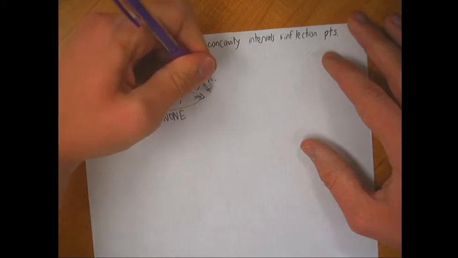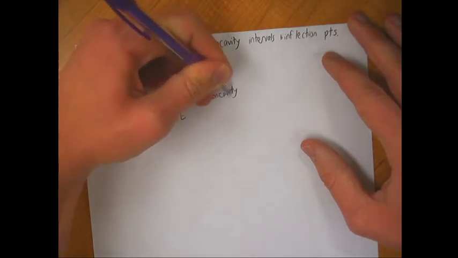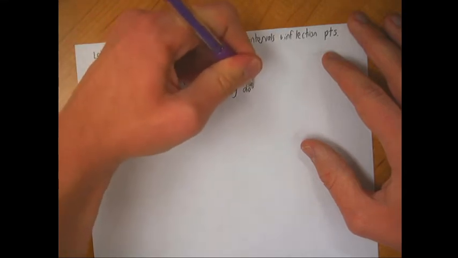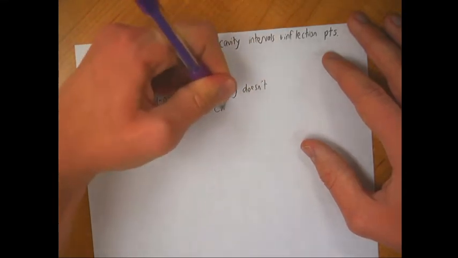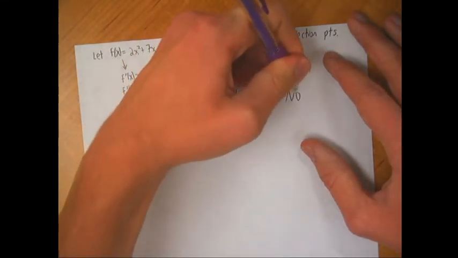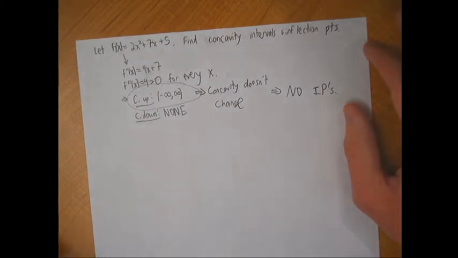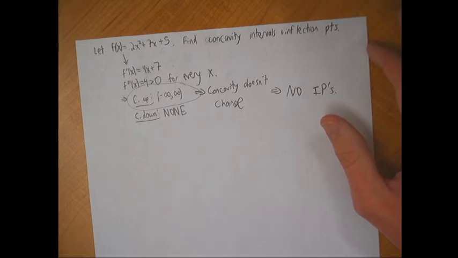Concavity doesn't change, so no inflection points. So that one's just a pretty nice and quick one. Okay, other than that, that was it. Any other questions on the homework you guys wanted to take a quick peek at?